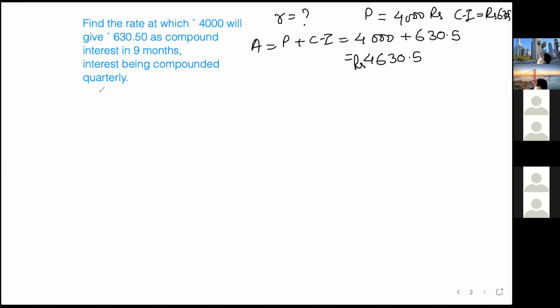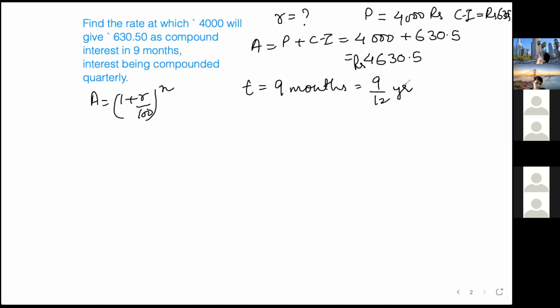So we know according to our formula, amount is equal to 1 plus R by 100 raised to N. Okay, now 9 month compounded quarterly. So time is equal to 9 months, which is 9 by 12 year, which is 3 3s are 9, 3 4s are 12, which is equal to 3 into 1 by 4 year, which is how much quarterly hai? So 3 quarters.